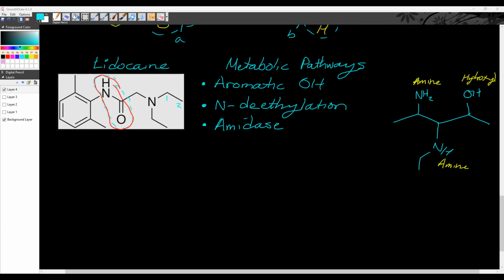Let's talk about a very, very similar drug. Not lidocaine, not procainamide, that's an amide. Ester local anesthetics.